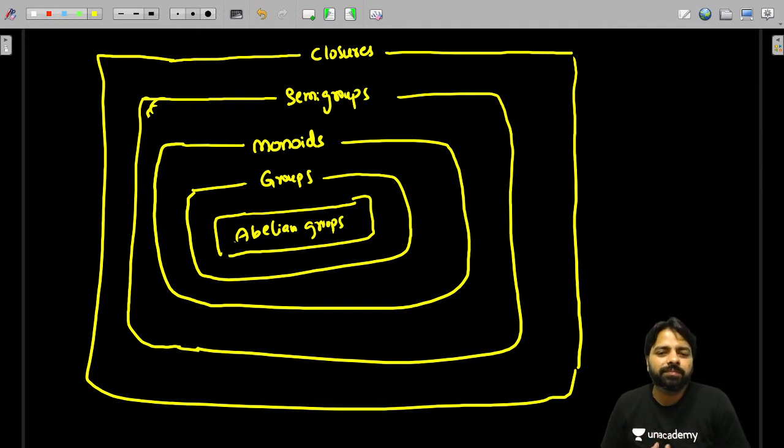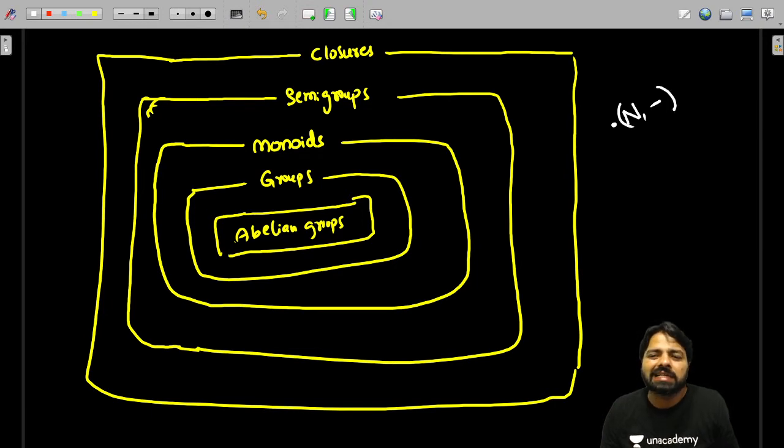Now tell me, if any set is an abelian group, will it satisfy all of them or not? Obviously, because all abelian groups are groups, all groups are monoids, all monoids are semigroups, all semigroups are closures. Clear? If I apply N with a minus, then definitely it is outside.